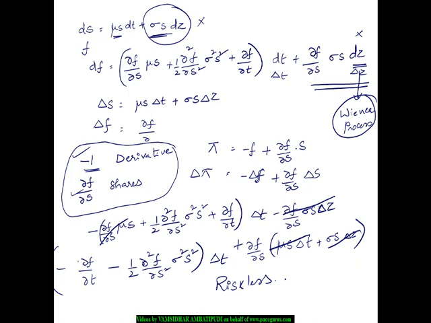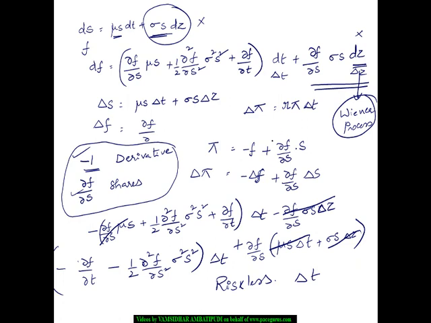And because it is riskless, over the time period delta t it should earn the risk-free rate of interest itself. So this much percentage on the portfolio in this time period should be the return for me.